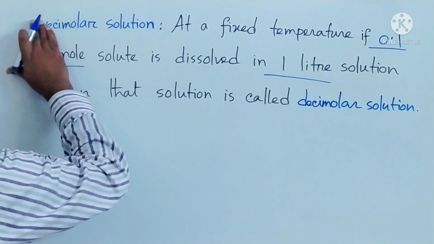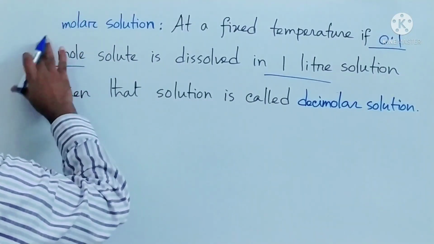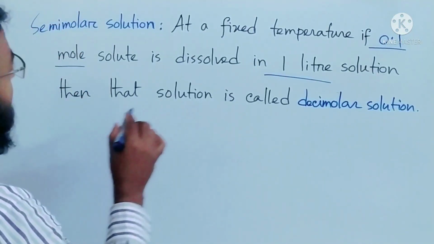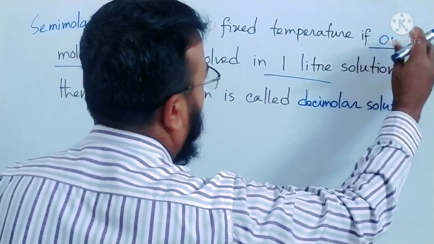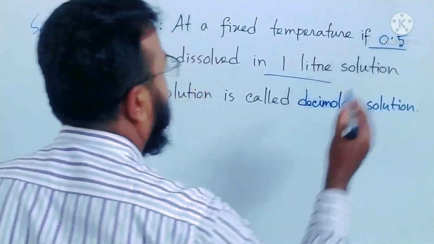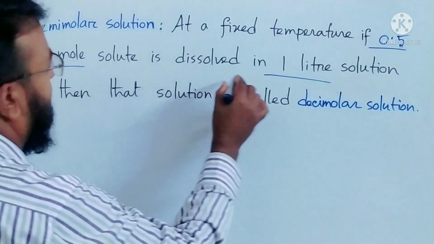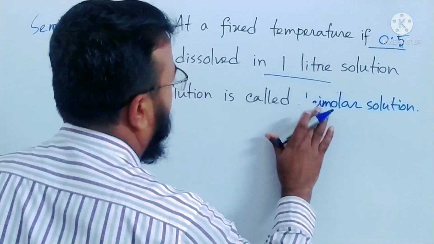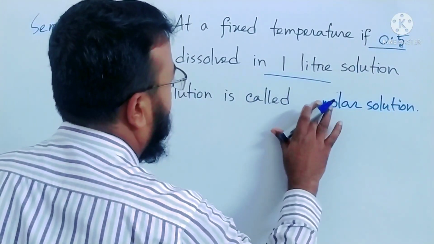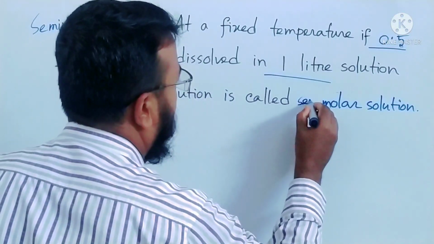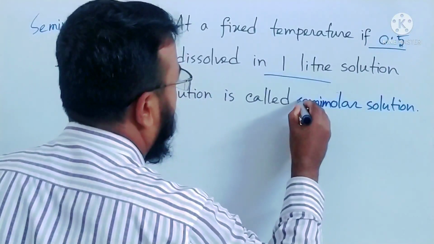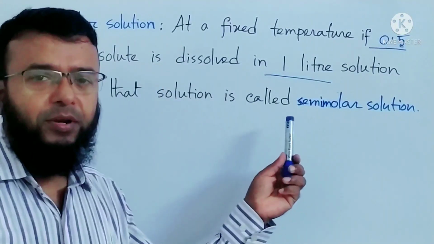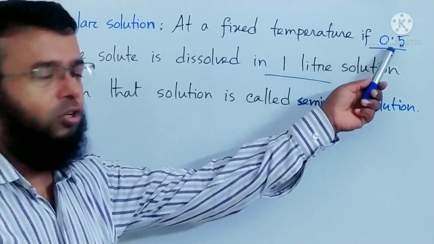I can write semimolar solution also like this. Semimolar solution. So now instead of 0.1 it will be 0.5. 0.5 mole solute is dissolved in 1 liter solution, then that solution is called semimolar solution. So first of all I have written molar solution, that was 1 mole solute.